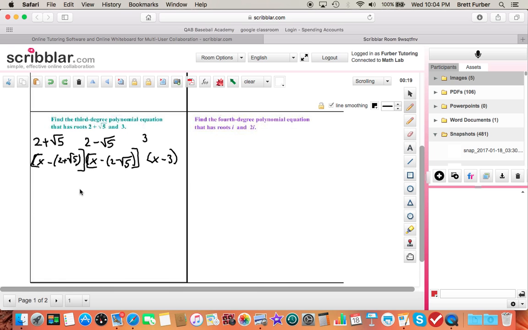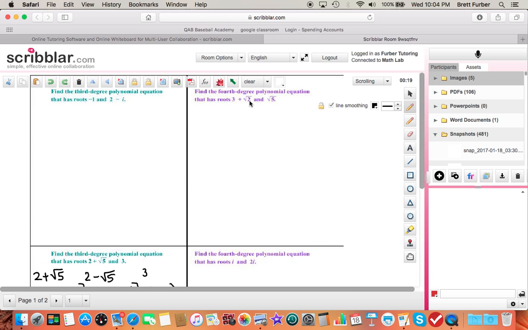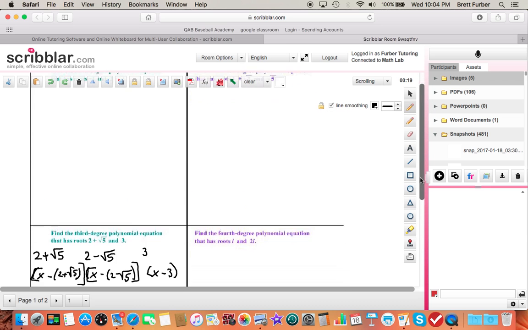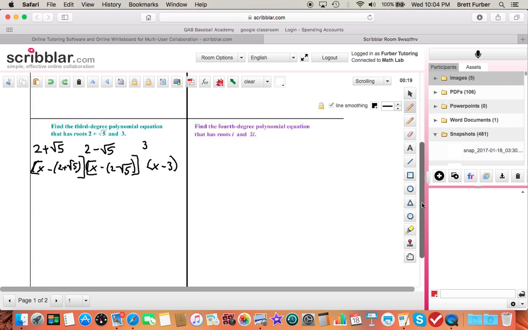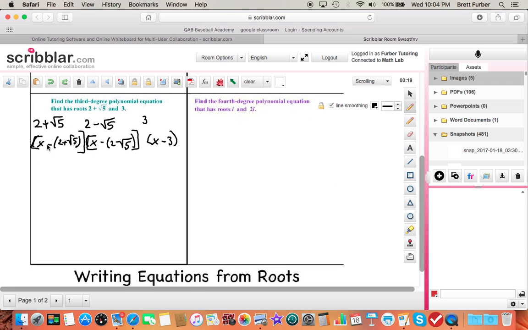Let's take care of this. So similar to what we did up above on this one over here, even though that was a fourth degree polynomial, we're still going to be doing something similar. So we have to FOIL this. My front terms are x and x, so that's x squared. My outer terms are x times negative 2 plus square root of 5, so that's going to be negative x, and then I'll put 2 minus square root of 5 inside.